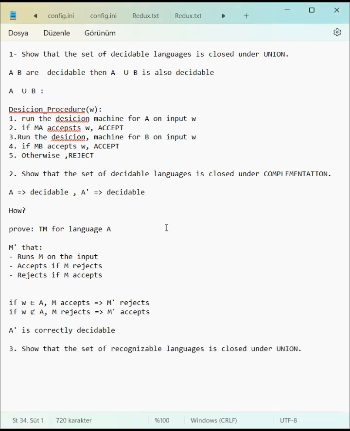The third question: show that the set of recognizable languages is closed under union.